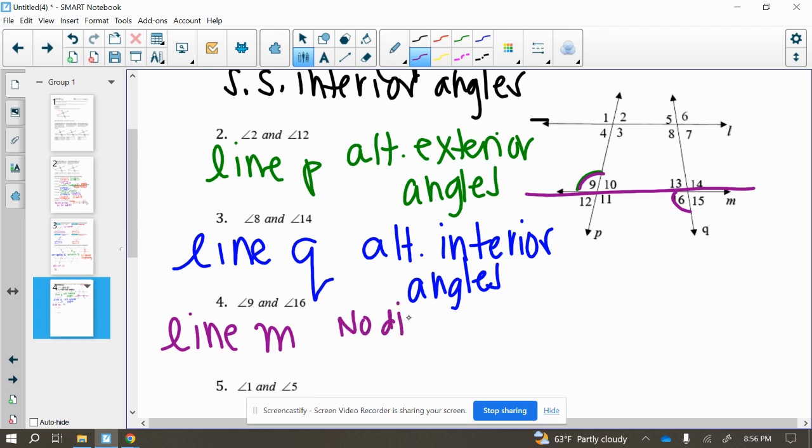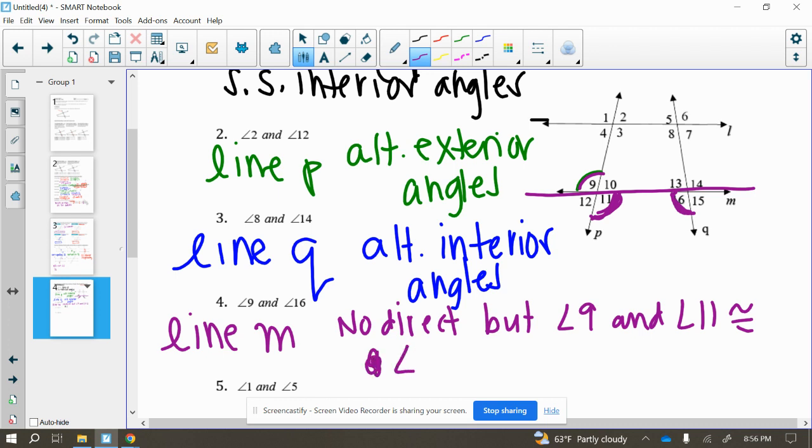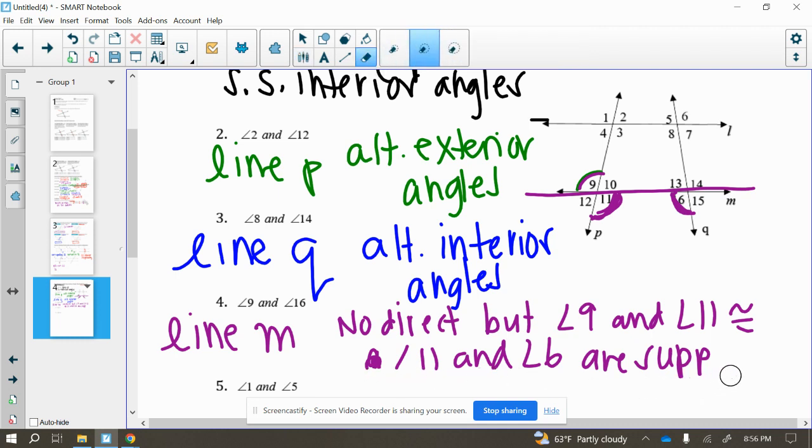But what we could say is that angle 9 and angle 11 are congruent because they are vertical. And then angle 11 and angle 6 are same side interior. So we know that there's potentially some relationship there, but there's no direct relationship between these two otherwise. So just be careful there.